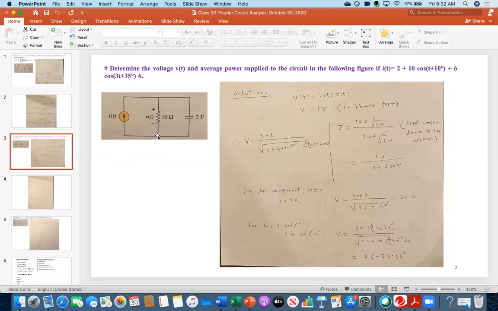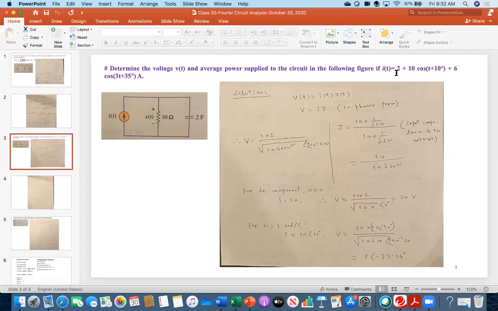The question is to determine VT and the average power supplied to the circuit in the following figure. But this is the difficult part. If IT is 2 plus 10 cosine of t plus 10 degrees plus 6 cosine of 3t plus 35 degrees amperes, this means IT has this format.